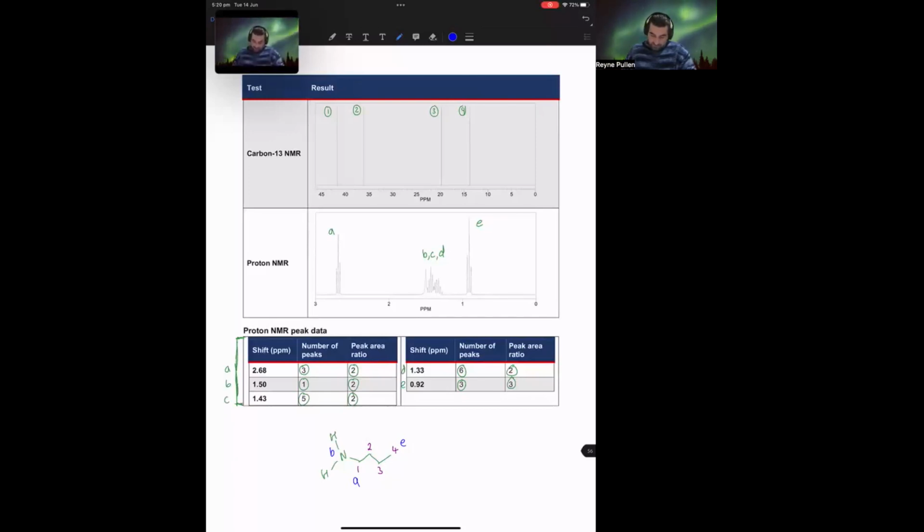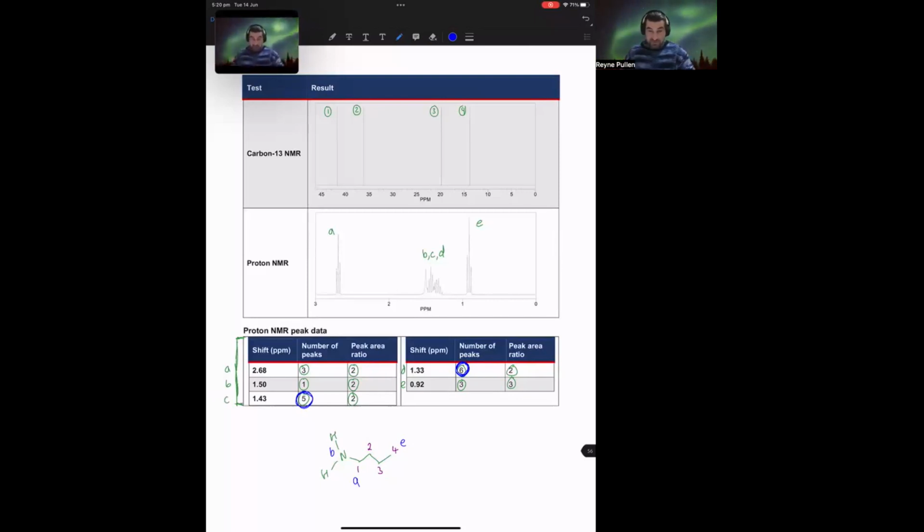We're then left with the signal at 1.43 that has 5 peaks, and the signal at 1.33, which has 6 peaks. And if we then think about counting the number of protons in the neighboring environments, at carbon 2, we'd have 2 protons at carbon 1, 2 protons at carbon 3.